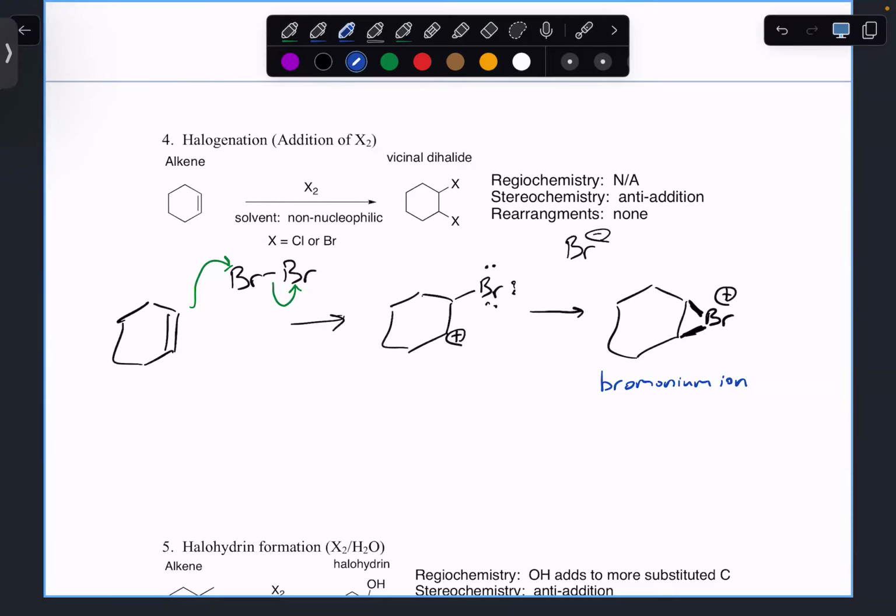Okay. In the second step of this, remember, we still have that bromide hanging around, right? That Br minus is still in solution. So it's going to come in and it's going to open up that three-membered ring. The bromide that's still sticking around in solution is going to come in and open up that ring.